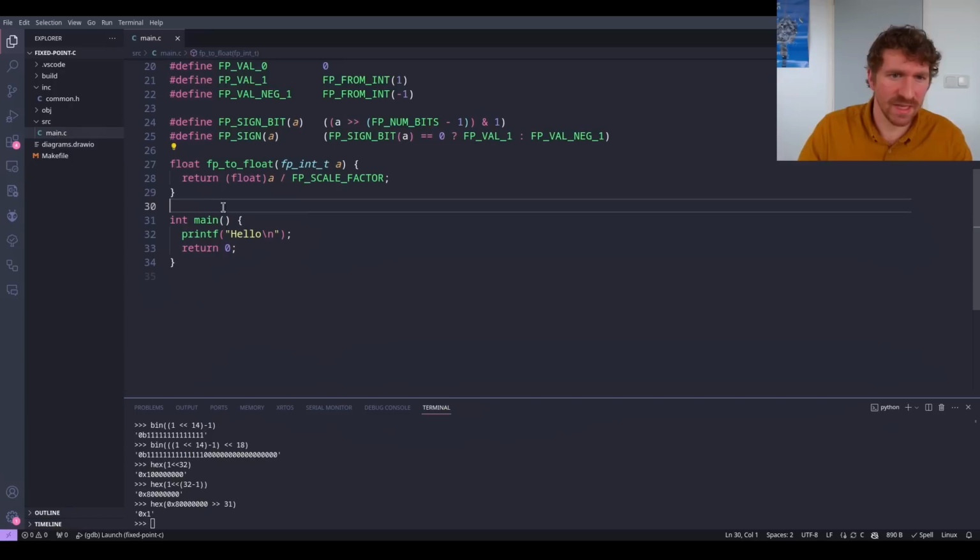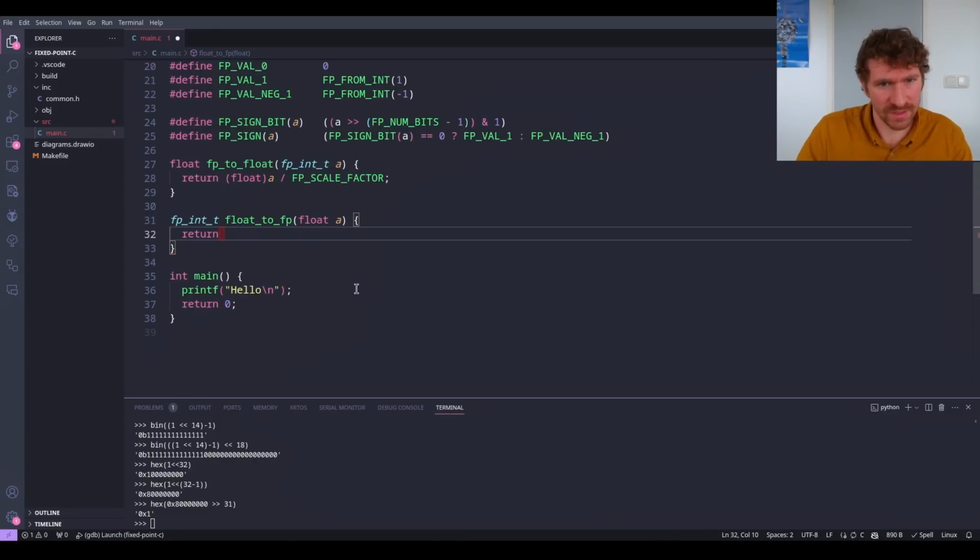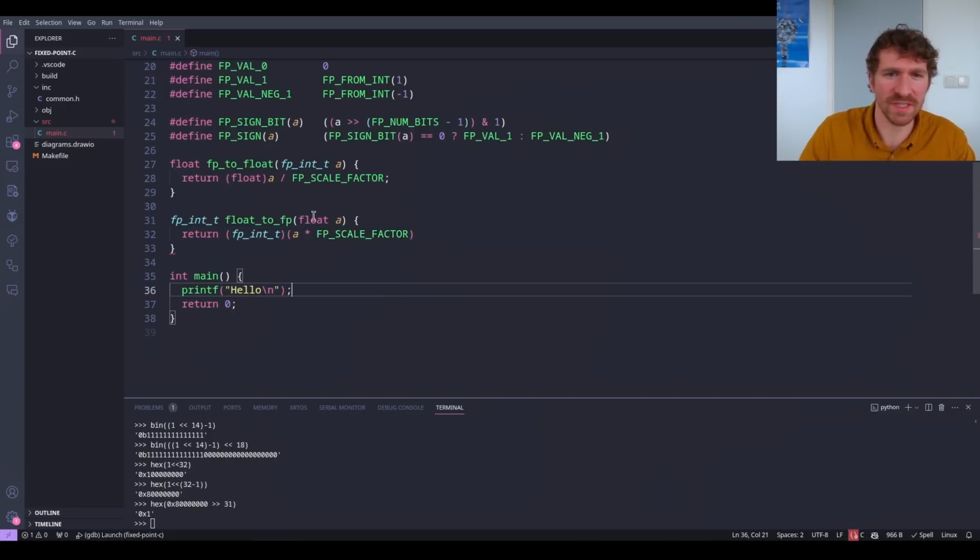All right, and then this is going to be float to fixed point. To get a number from float to fixed point, we've got something like 1.2. What we actually need to do is multiply it by the scale factor and then convert that to our fixed point type. So we take A and multiply it by our scale factor. And it's just the inverse, right? You can see we're just doing the same thing here in reverse, effectively.